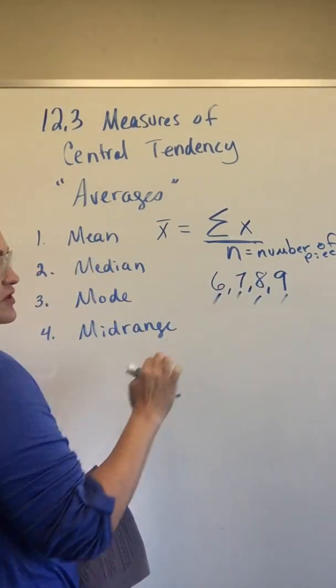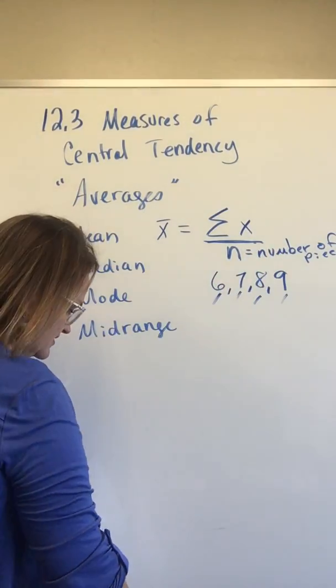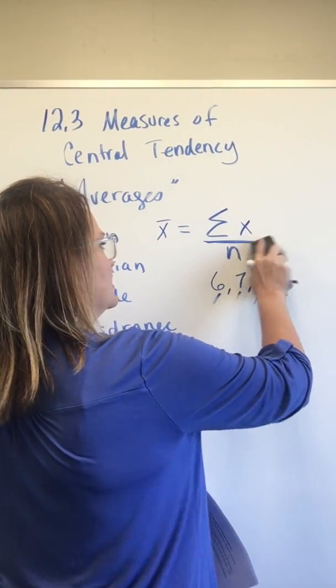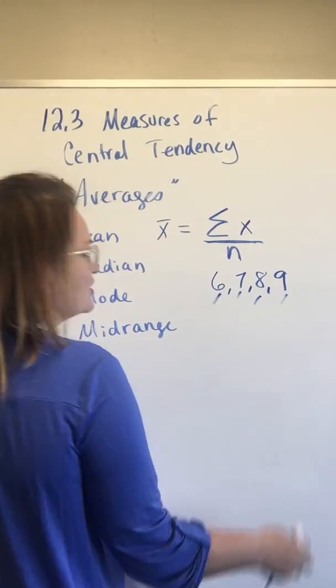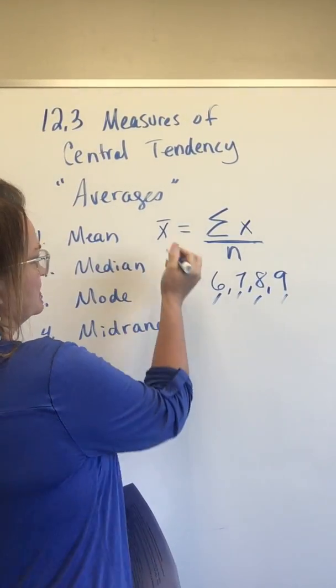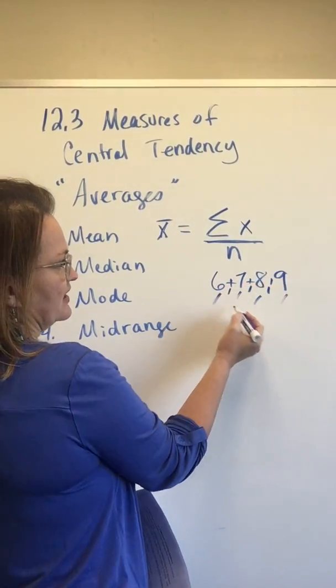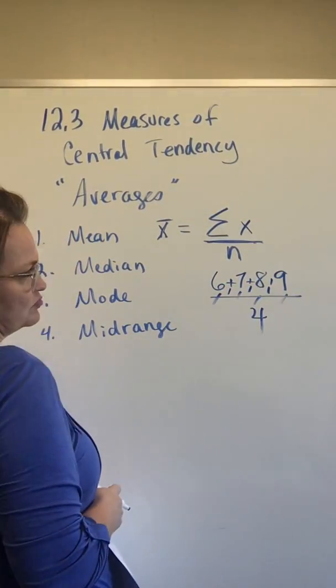How many pieces were there? But you can just remember, to find the mean, and the symbol is X bar, you add everything together and divide by how many numbers are present.